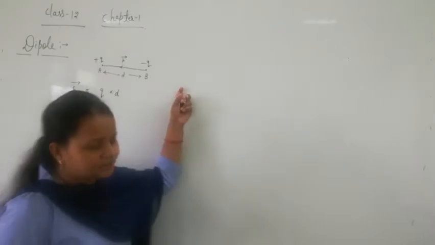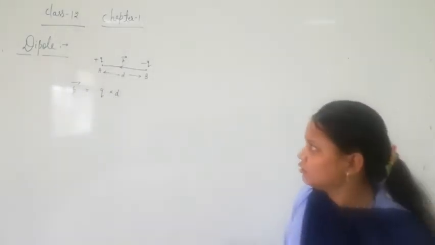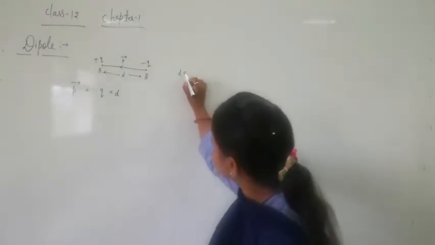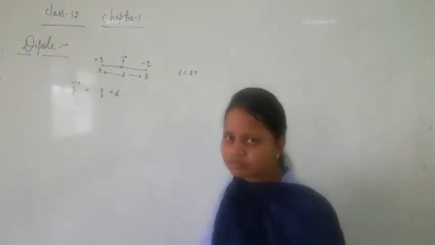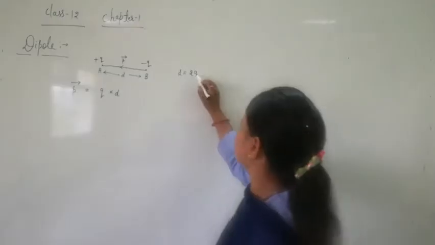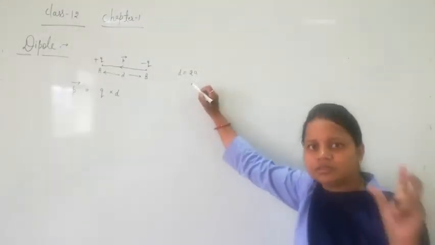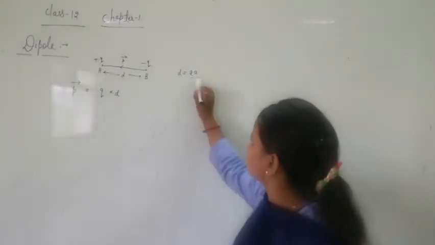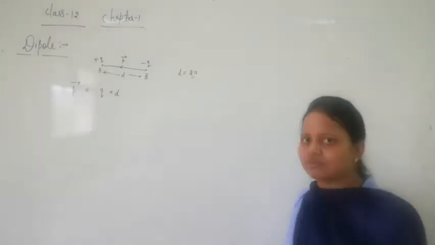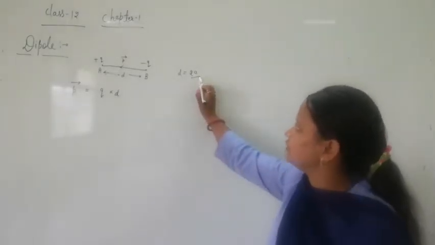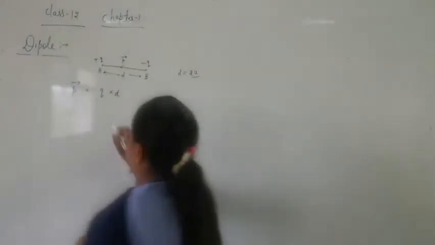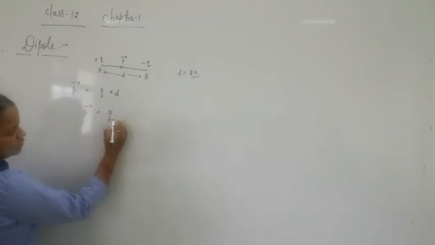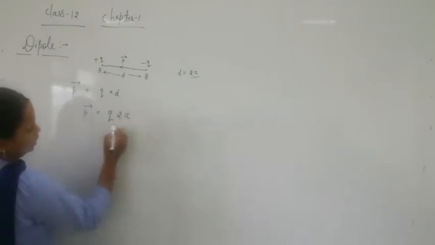But in 12th physics the derivations are very lengthy, so the distance is considered here as 2a. Why do we consider this 2a? Because we have a major derivation, so it is very easy for this type of consideration. So the dipole moment is equal to the charge and the separation 2a.